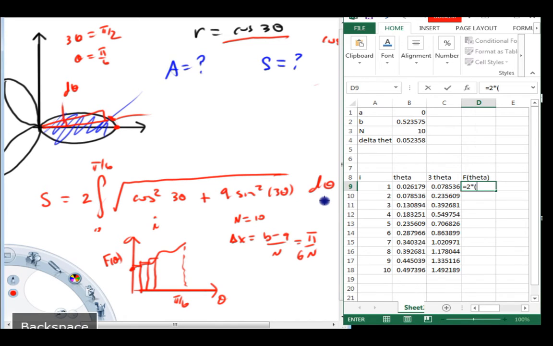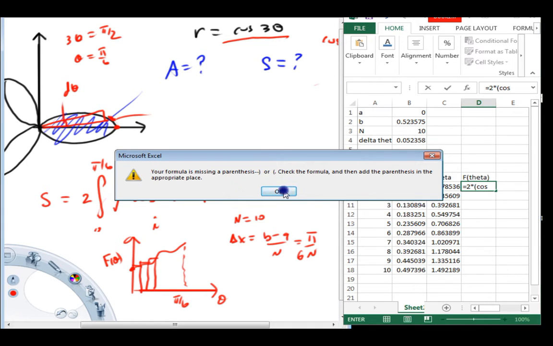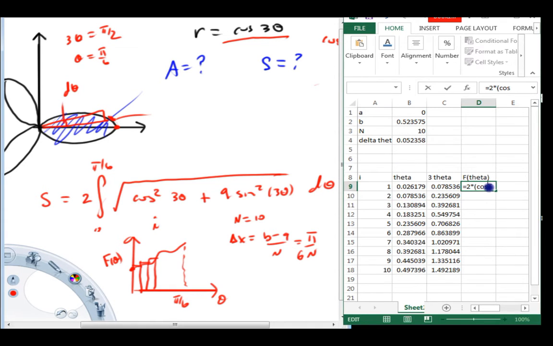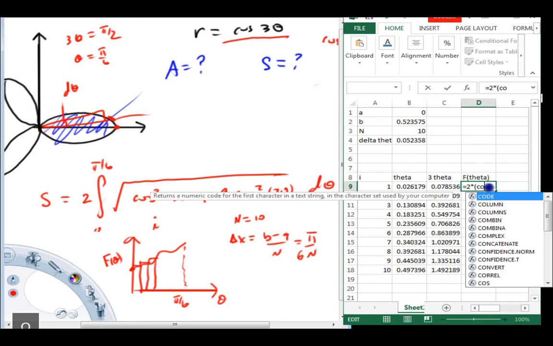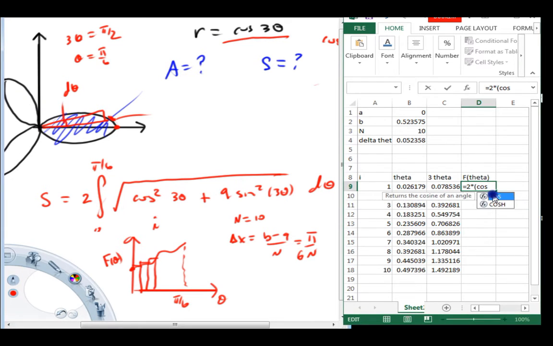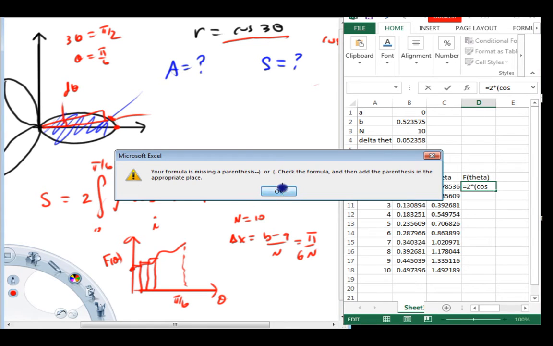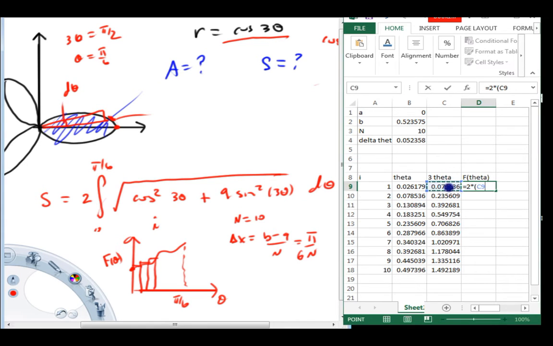Oops, it doesn't like that. Cosine of 3 theta, darn it, why doesn't it like that?